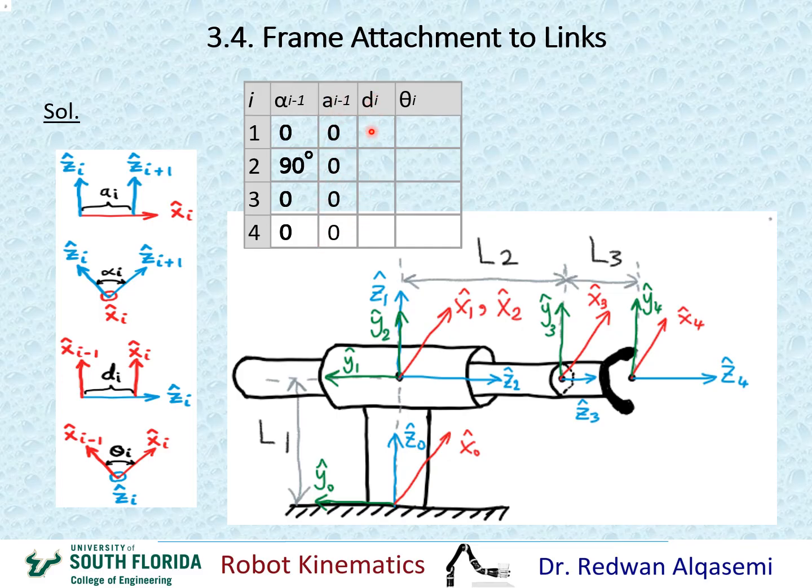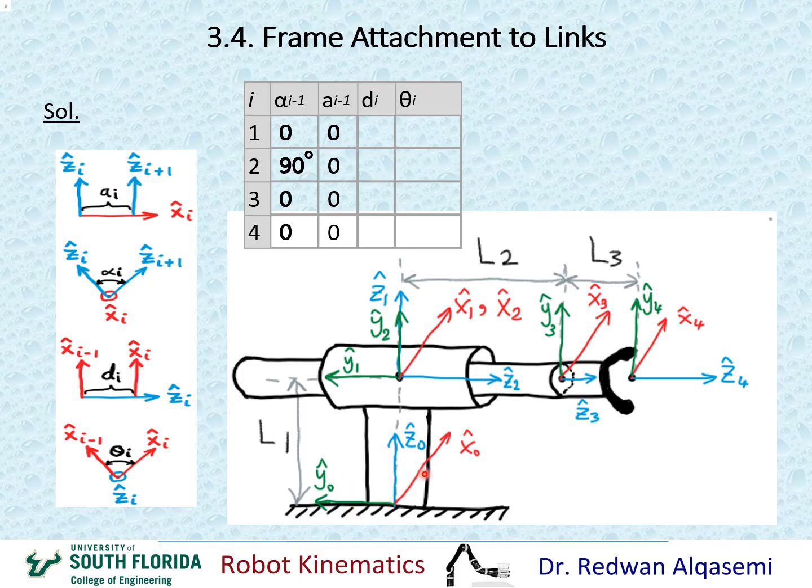Now we move on to the D column, and this would be interesting and different from the previous examples, and we'll see why. Okay, so when i equals 1, I'm looking at di, which is d1. I go to the D chart here. So for d1, I'll be looking at x0 and x1 along z1.